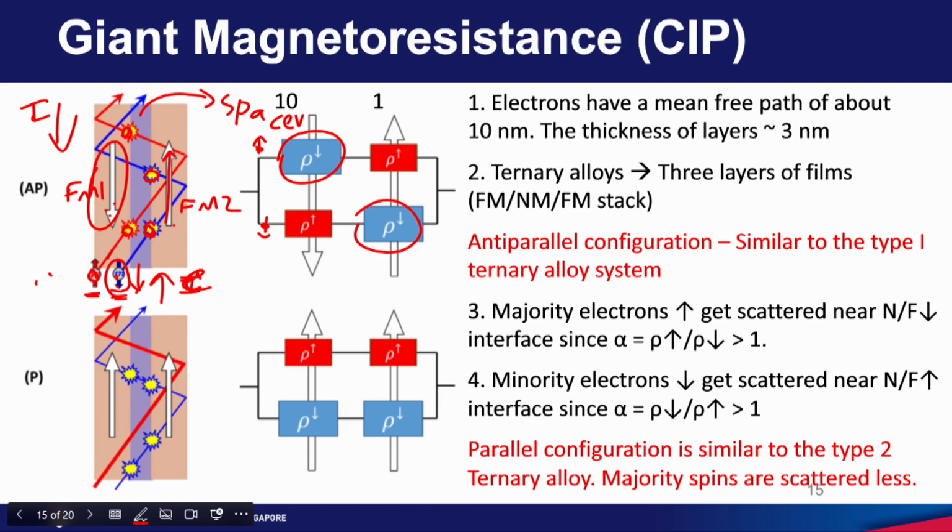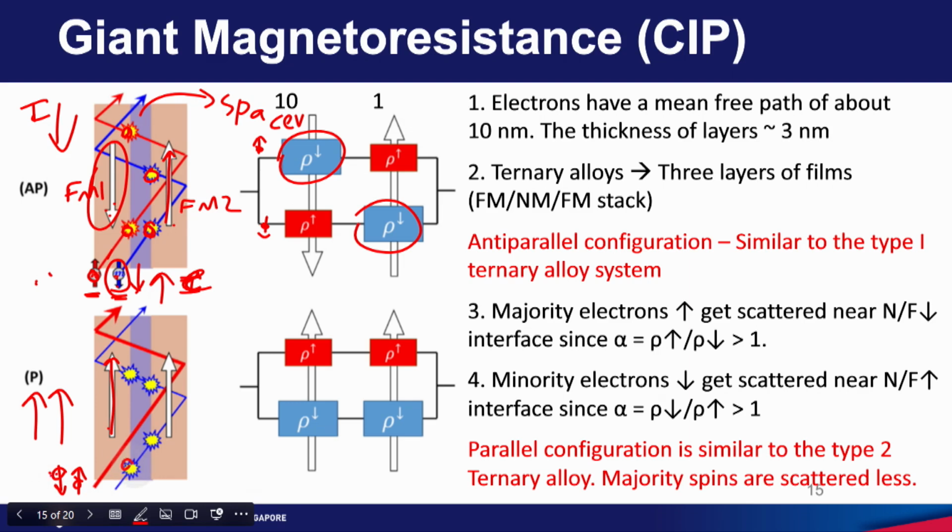Whereas, let us take the parallel magnetization. Now, the two ferromagnetic layers have parallel magnetization. So, in this configuration, the red electron with the magnetic moment in this direction is majority in both the channels. Red will not get scattered, but the blue electron, which is in this direction, is minority in both the channels, because the magnetic moment of the two layers is pointing in the anti-parallel direction.